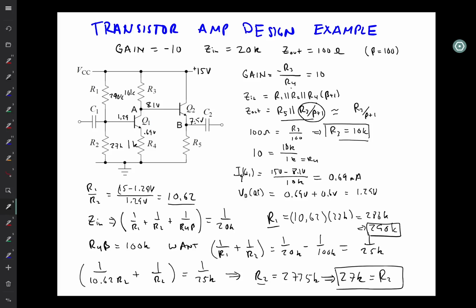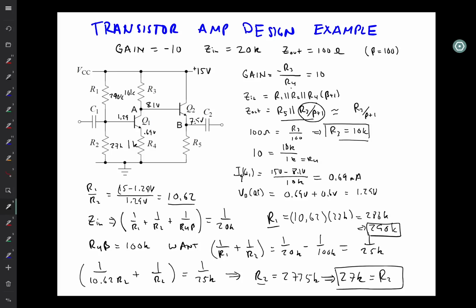The last step then is to find a value for R5. R5 can be almost anything you want as long as you don't get the quiescent current too high. So what I'm going to do is set R5 to give a quiescent current of 2 milliamps. I really can take almost anything I like, and I'm just going to pick 2 milliamps out of thin air.